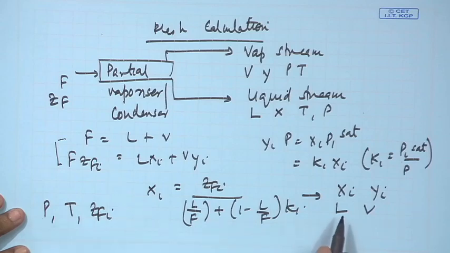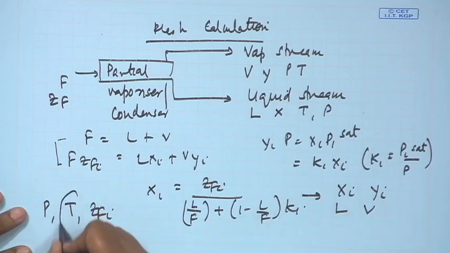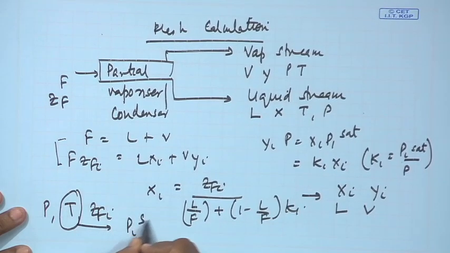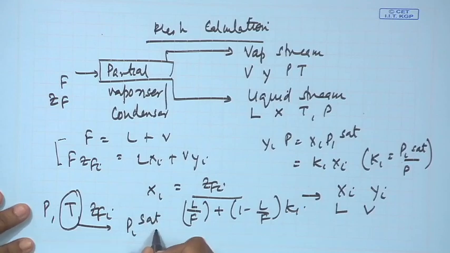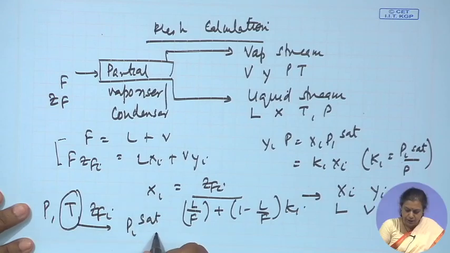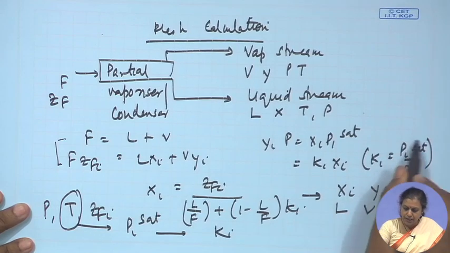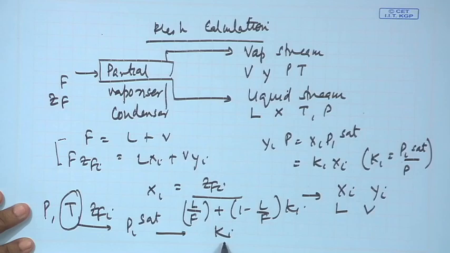So, how do we proceed in this particular case? We know the temperature. Once we know the temperature, we can find out each Pi saturated, agreed. Once we know the Pi saturated, we know the pressure, then from there we should be able to find out Ki. Ki is Pi saturated by P. So, for each case we can find out the Ki's.